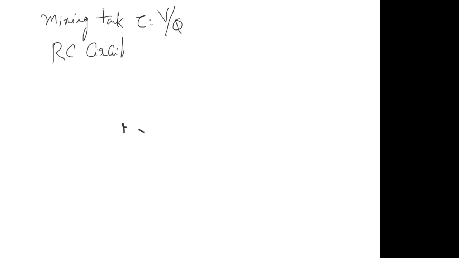It's like this: you have the mixing tank. So I don't need to derive. V by Q is the mixing tank tau basically. And then another one is the RC circuit, RC is the time constant.